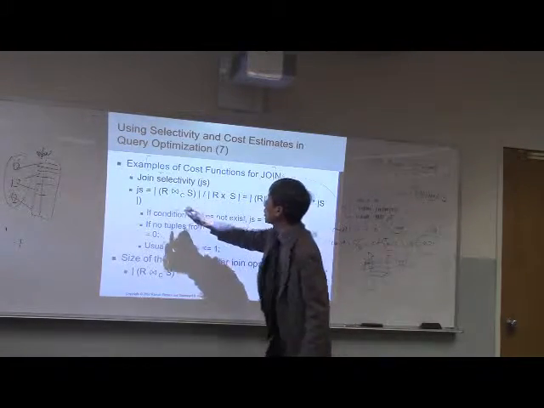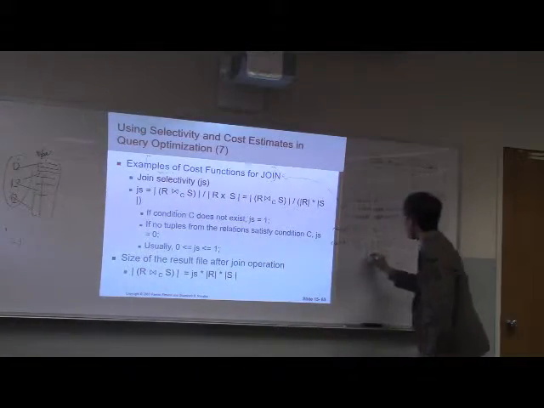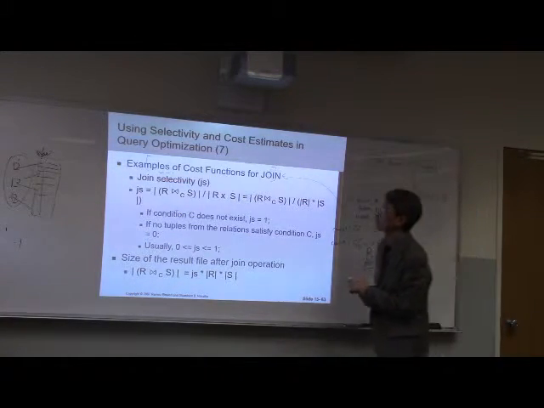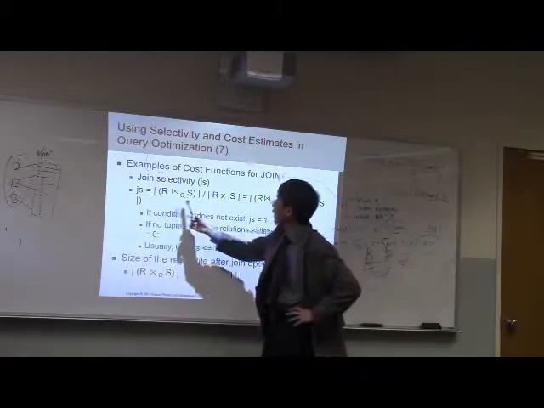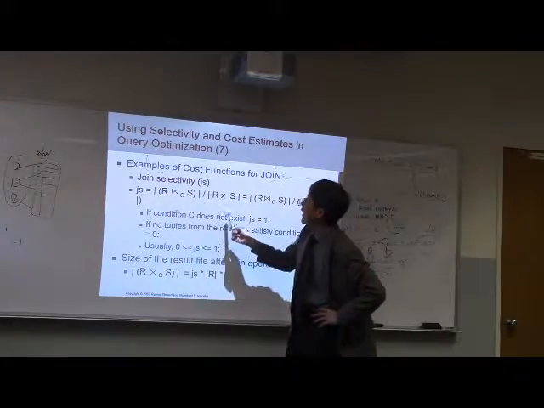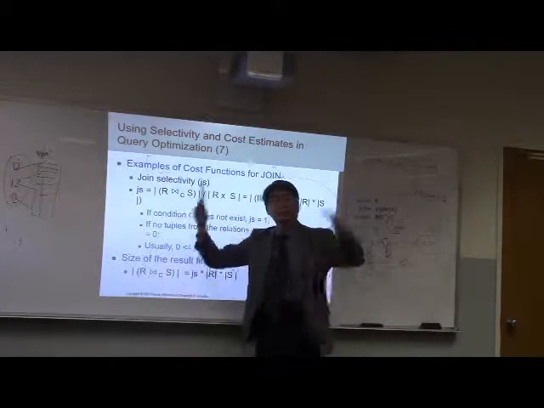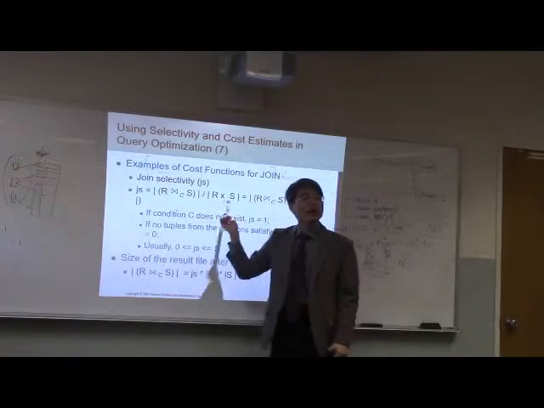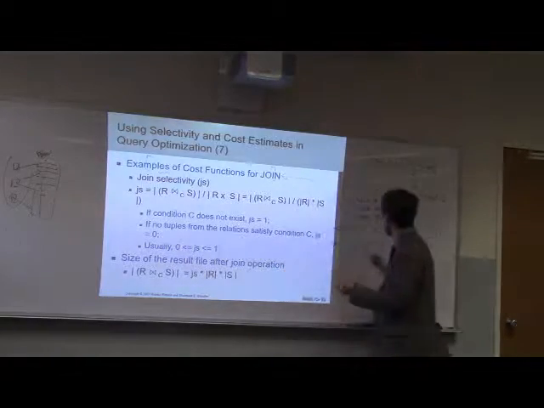So that includes R and S, where R is the left hand side driving table and S is the driven table. For the left hand side and right hand side, how many of them are matched, divided by the total number of combinations?